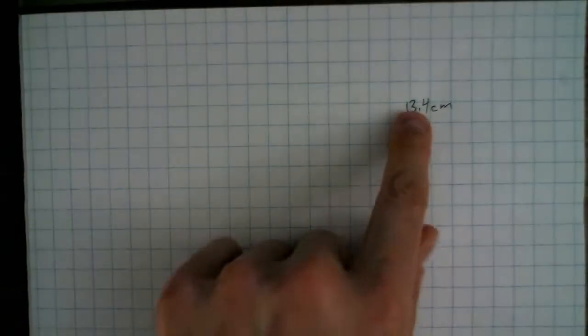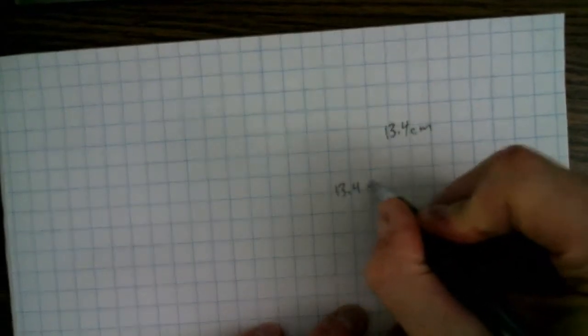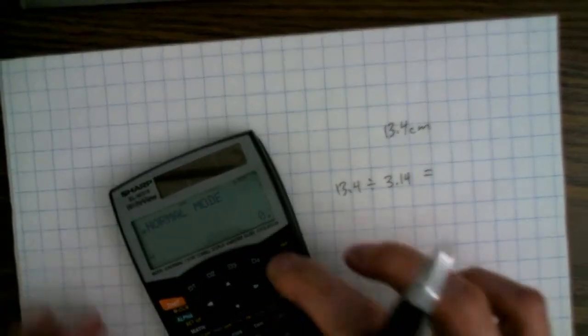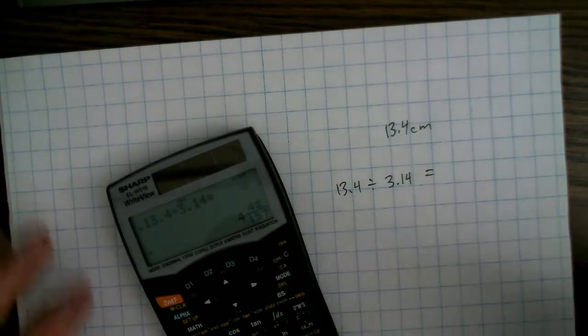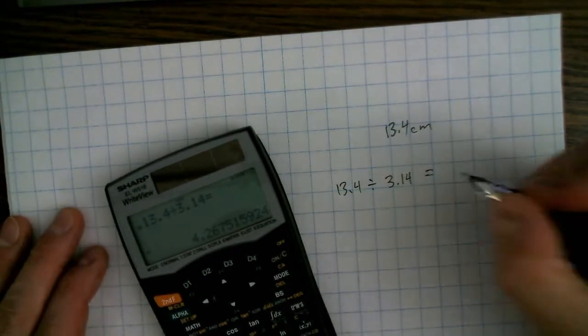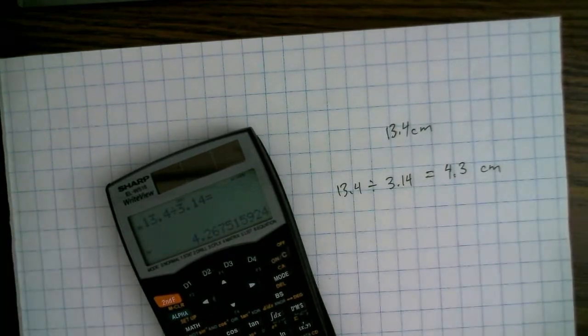So if I were to take that number and divide it by pi, I would get the diameter.